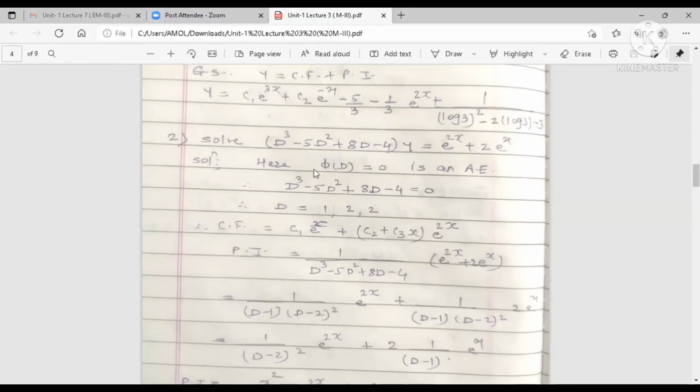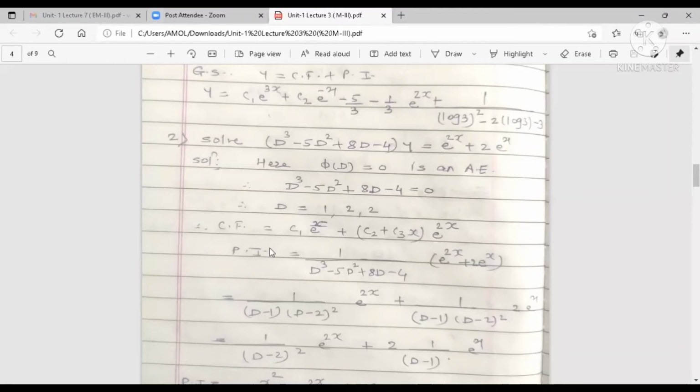So you find out the factors using synthetic division, and after finding one factor, you will get a quadratic equation. You find out the factors of the quadratic equation. So total 3 factors here. The factors are 1, 2, 2.